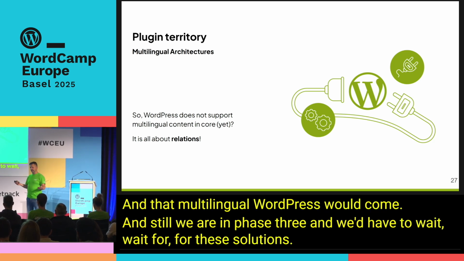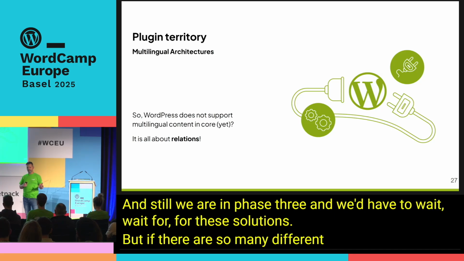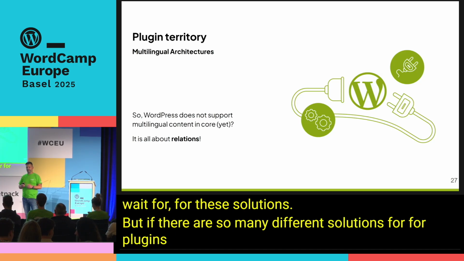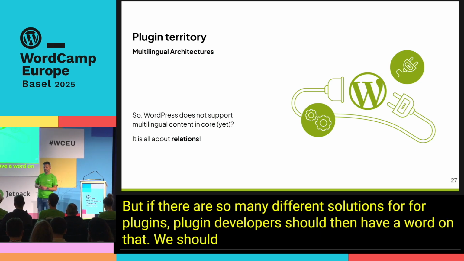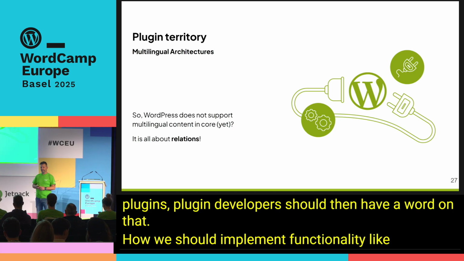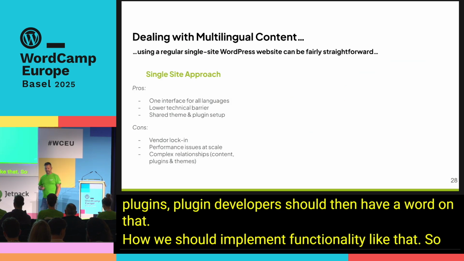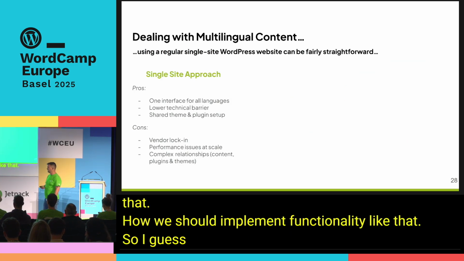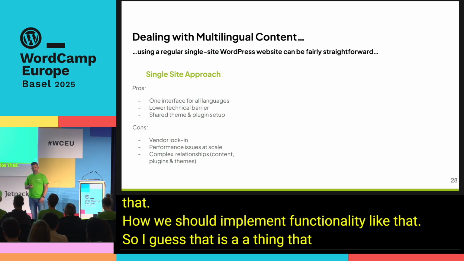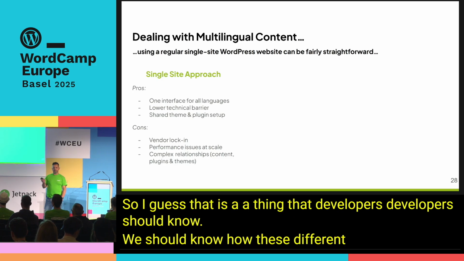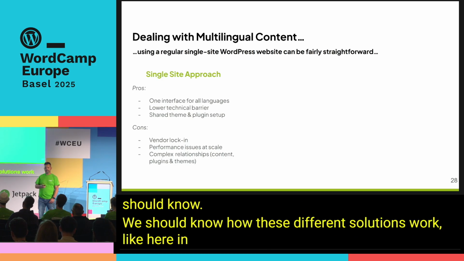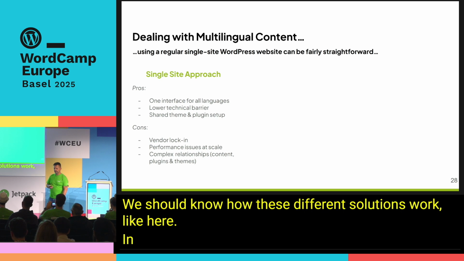But if there are so many different solutions for plugins, plugin developers should then have a word on that, on how we should implement functionality like that. So I guess that is a thing that developers should know. We should know how these different solutions work, like here in that case, the single site approach.